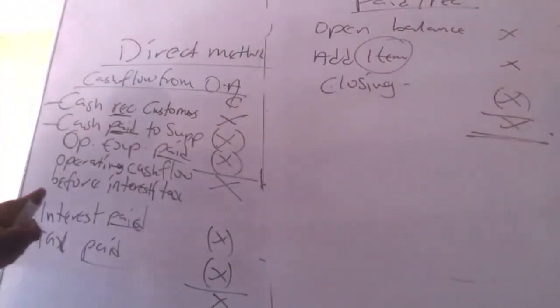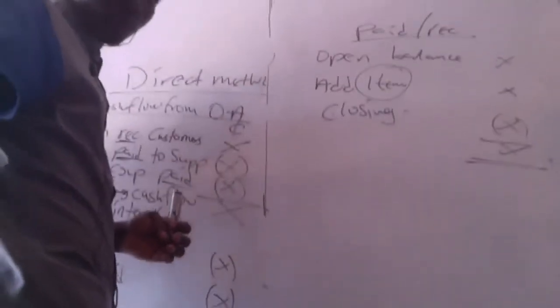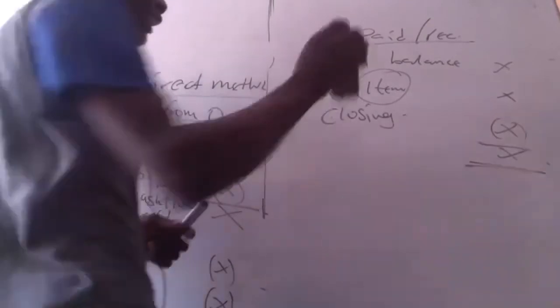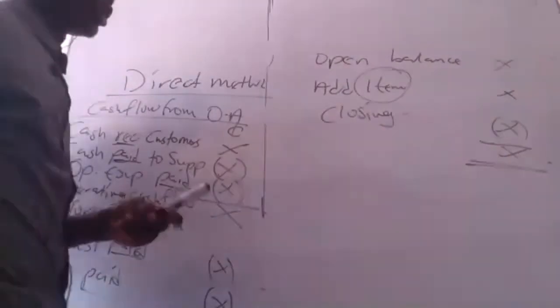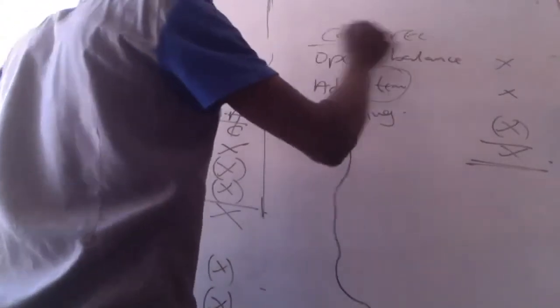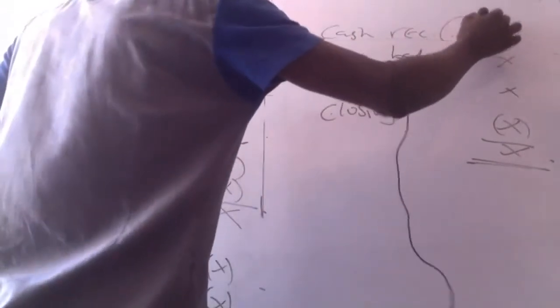So if I should do it well and start a specific version, it will be something like this. So I'll say cash received from customers. Open balance. So you have to use debtors or receivable.